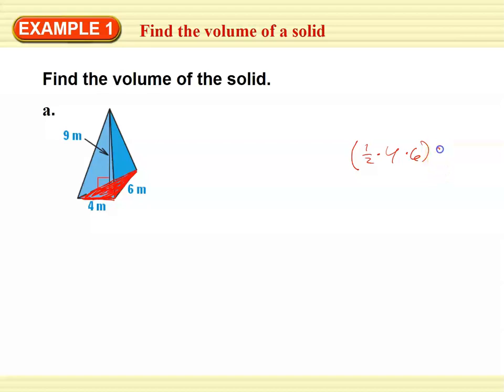Next, I need to multiply it by the height of the pyramid, which is from the middle of the base up to the tip of the pyramid. So that's the 9. And then because it's a pyramid instead of a prism, we need to take a third of that. So let's go ahead and start in here. 4 times 6 is 24. Half of 24 is 12.